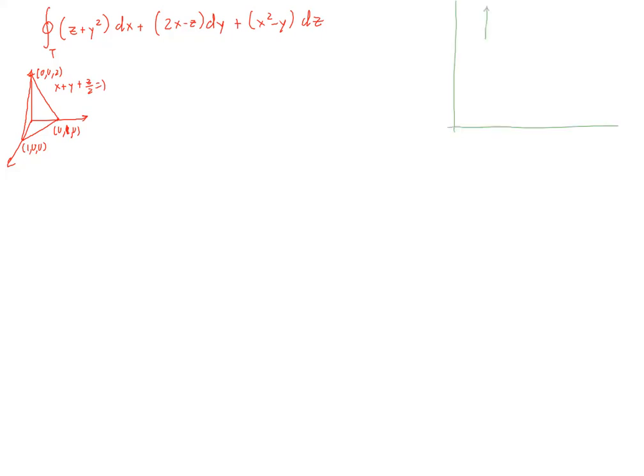If you have a plane that intersects the three axes at points other than the origin, so you have (a, 0, 0), (0, b, 0), and let's say here (0, 0, c), then the equation of this plane is given by x over a plus y over b plus z over c is equal to 1.